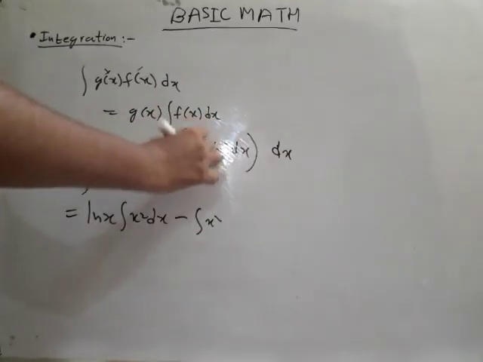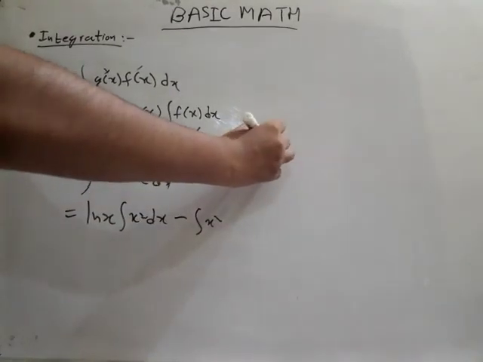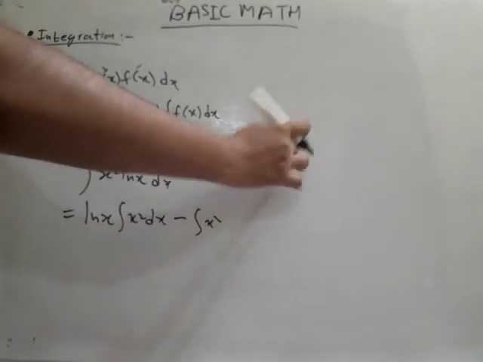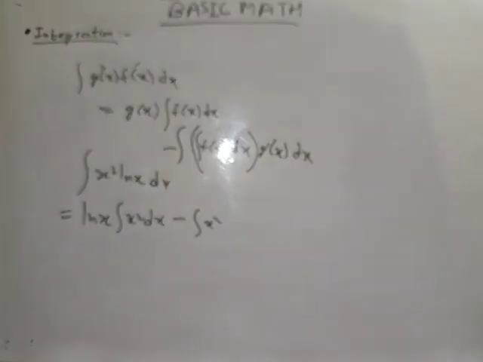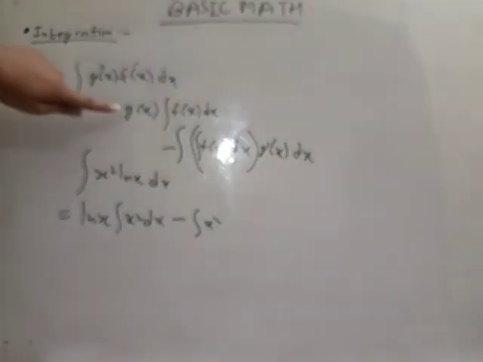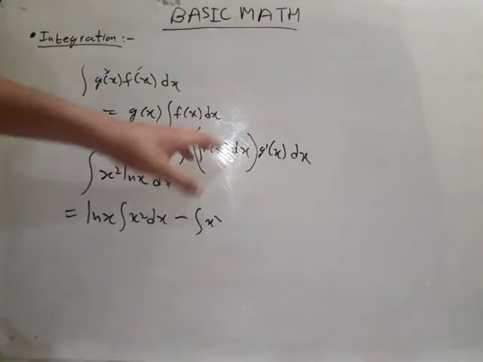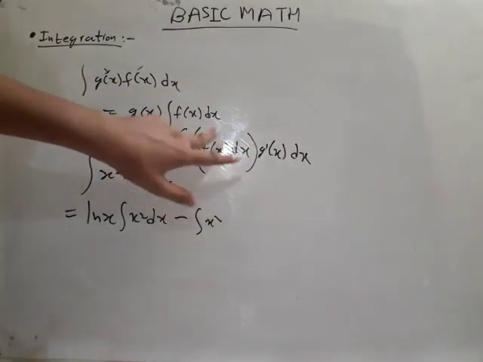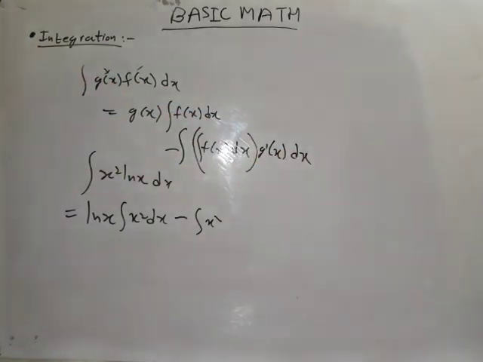This is the integrated part of f(x) multiplied by g'(x). Understood? So what it becomes? g(x) integral of f(x) dx minus integral, inside the bracket, integrated function of f(x), means integral f(x) dx, multiplied by g'(x) and dx.